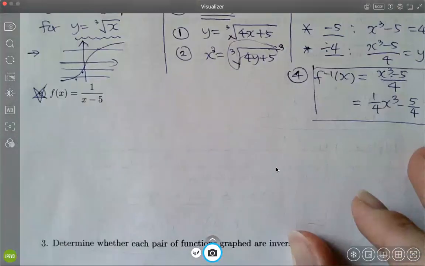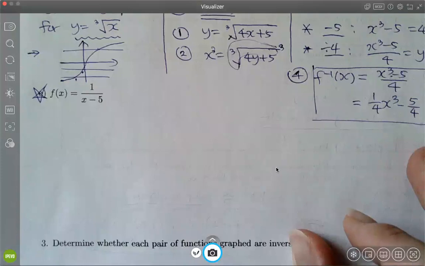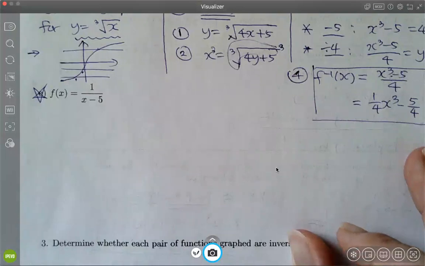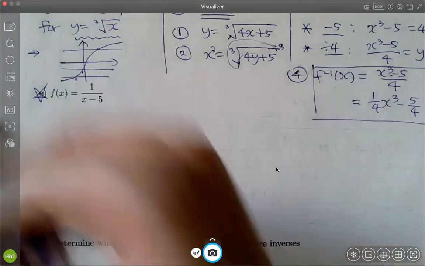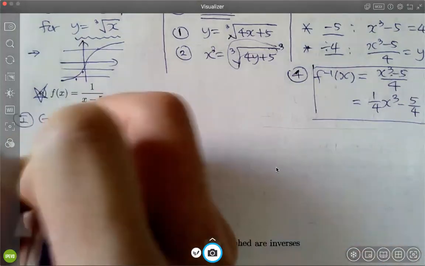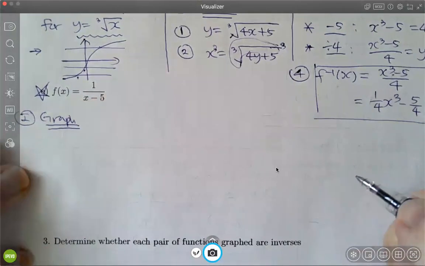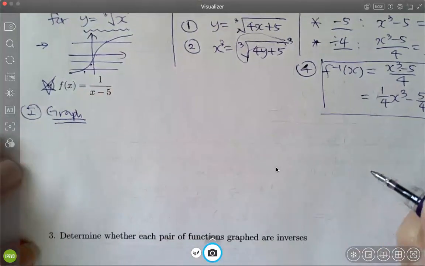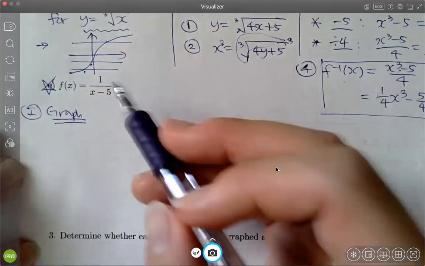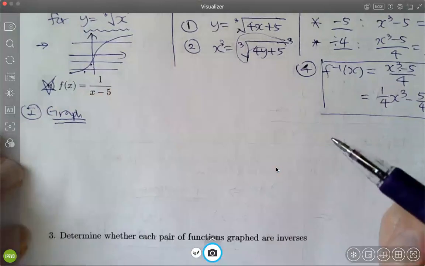Okay, and now D. f of x is equal to 1 over x minus 5. Okay, so now this one can be a little bit tricky. But first of all, is this one-to-one? And how do we know it? Let's use the graph. Now, we haven't seen the graph of this 1 over x minus 5, but have we seen something similar?